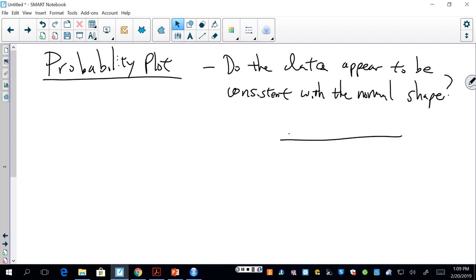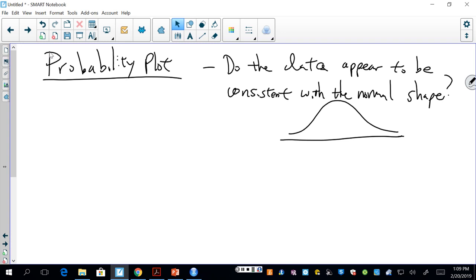That is, if we want to do probability calculations, calculate percentiles, calculate probabilities in different areas, and we use the normal distribution, would it be reasonably accurate? Maybe it's not going to be perfectly normal, but if it's pretty close, we're going to be accurate to 2, 3, maybe 4 decimal places, and so not be too terribly concerned.